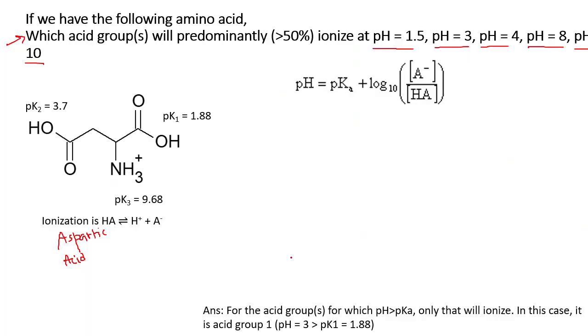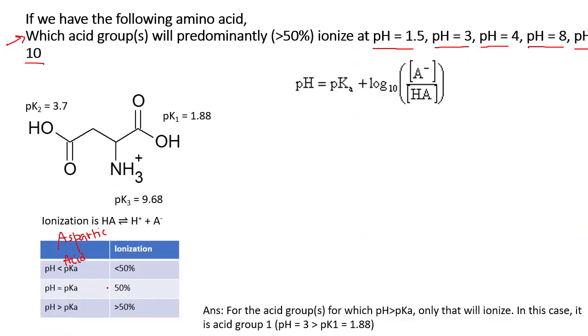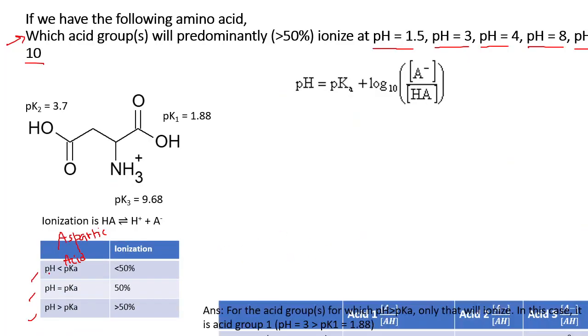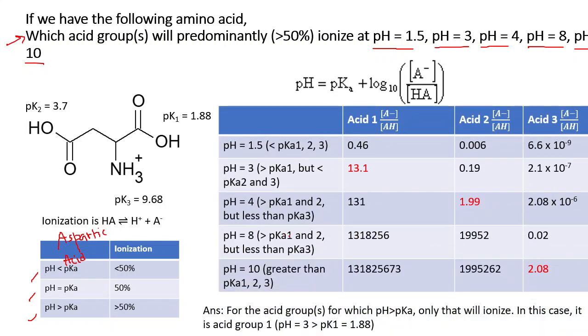So let's use that rule here. The first acid group is acid 1, which is alpha COOH. Acid 2 is the side chain COOH.